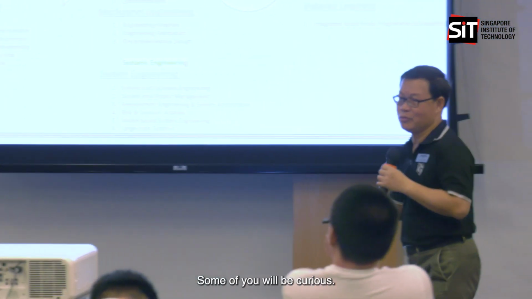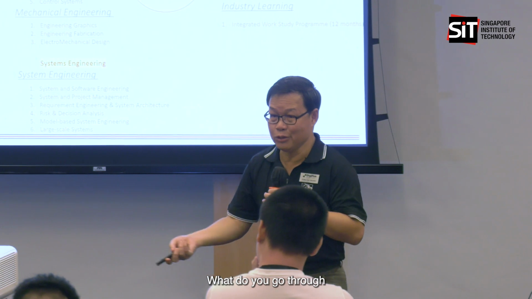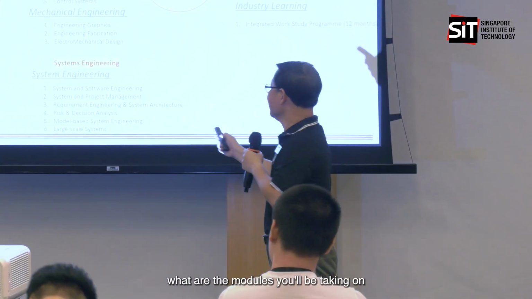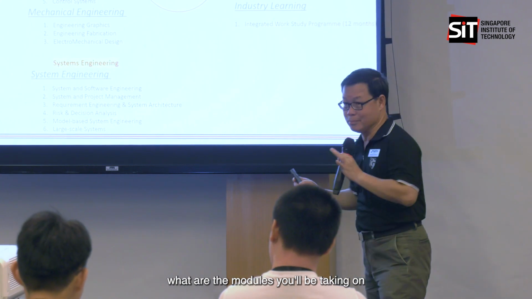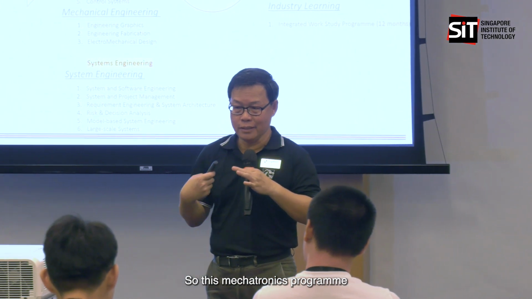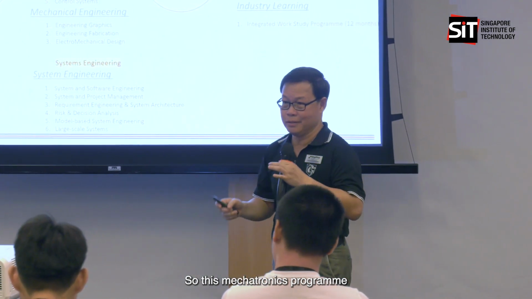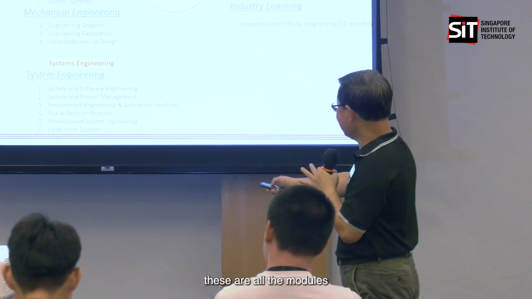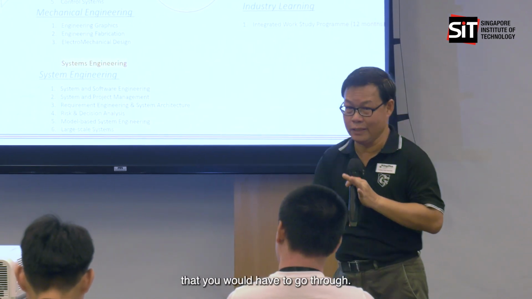Some of you will be curious, what do you go through if you go into this program? So this will be a brief overview. What are the modules you'll be taking on if you come into this? This Mechatronics program is a 4-year program, right? Within the 4 years, these are all the modules that you would have to go through.